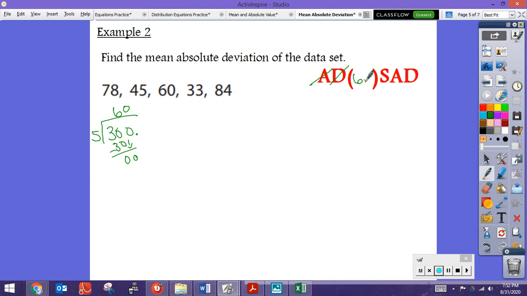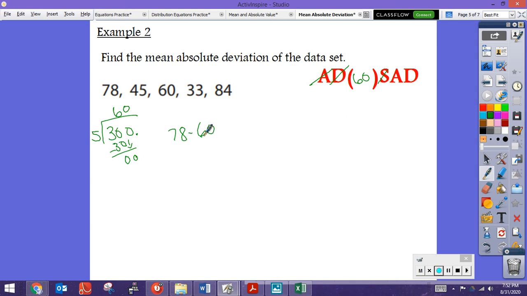So 60 is the average and so now you subtract.